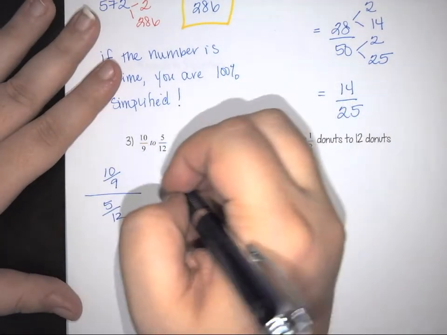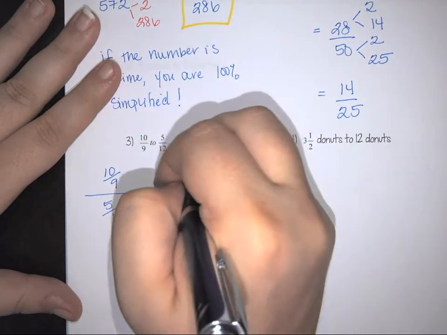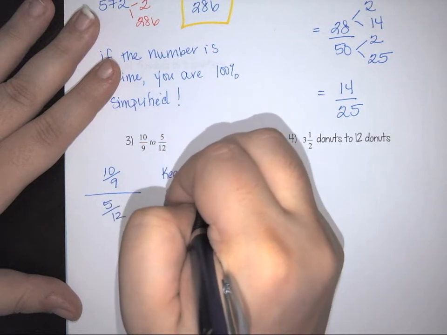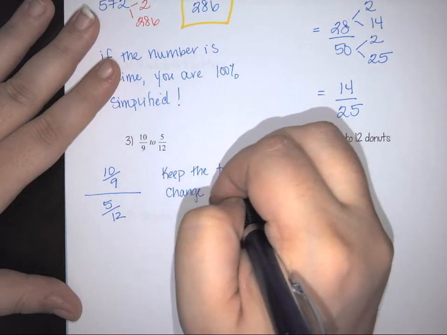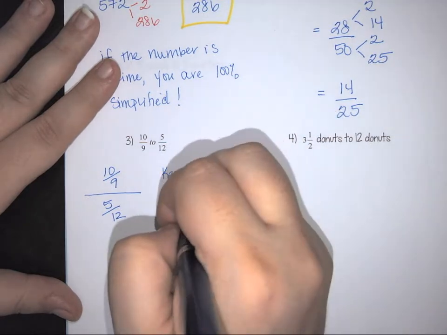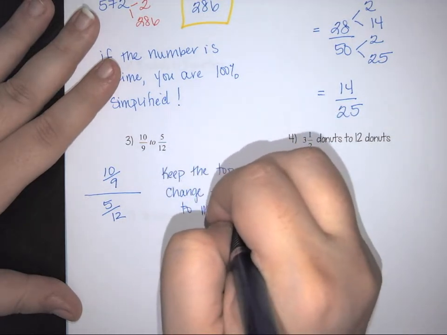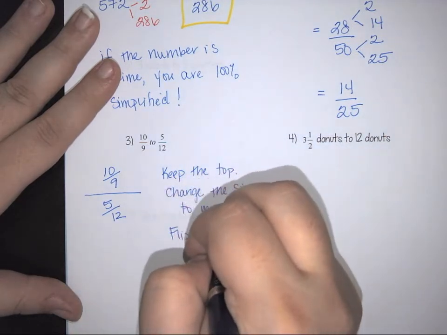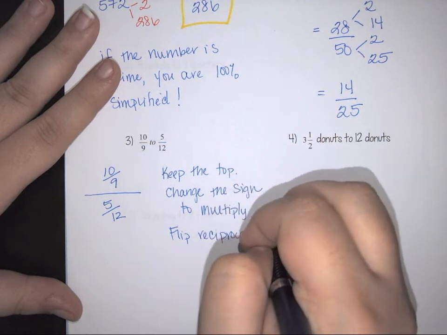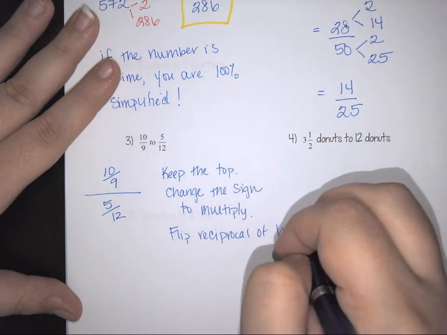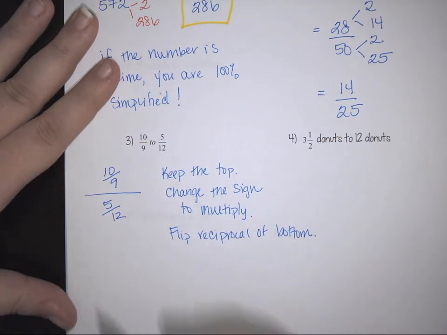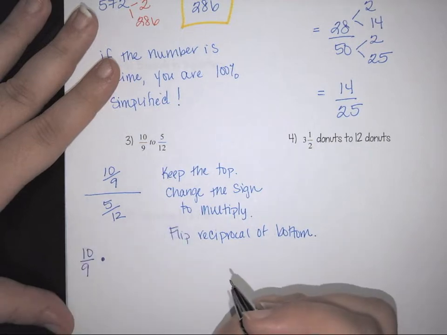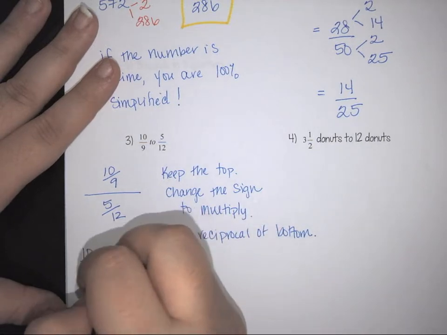Well, the rule that we have to follow says keep the top, change the sign to multiply, flip the reciprocal of the bottom. So this becomes keep the top, 10 over 9, change to multiplication, flip the reciprocal of the bottom, 12 over 5.